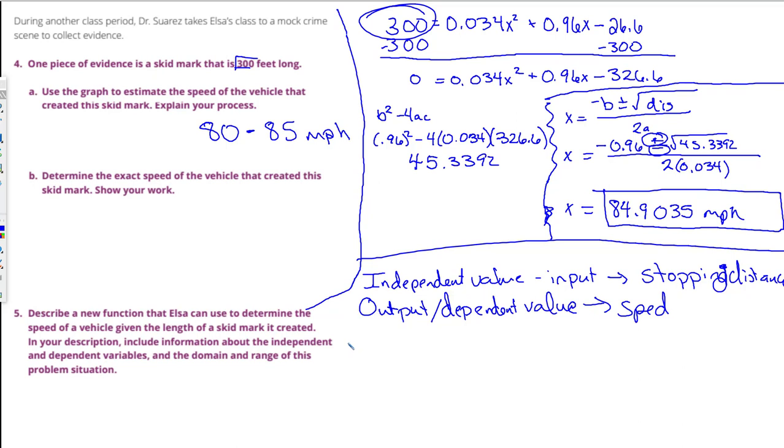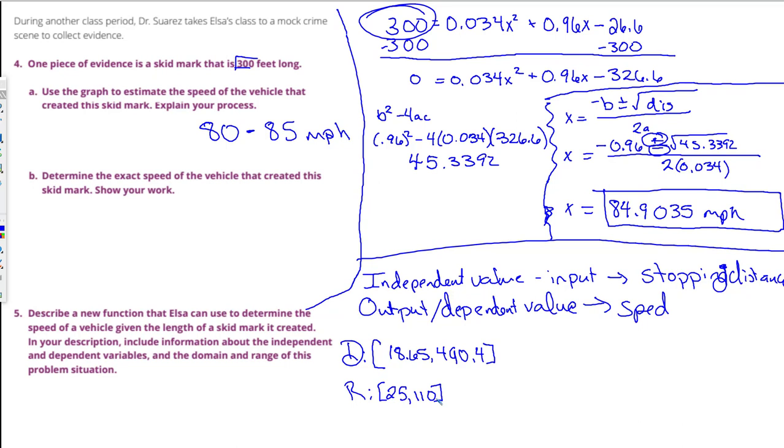And that means that my domain is now my stopping distance, which was that 18.65 through to that 490.4. And my range is my speed, so that 25 miles per hour through 110.